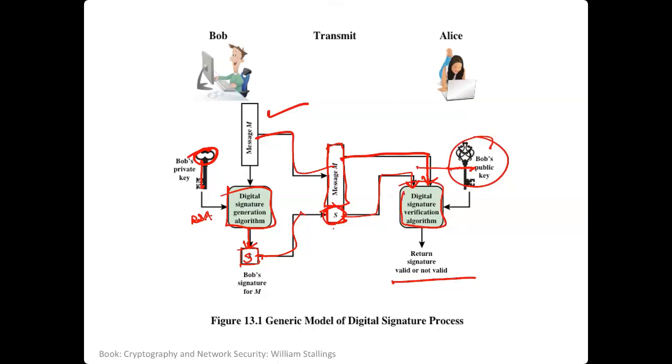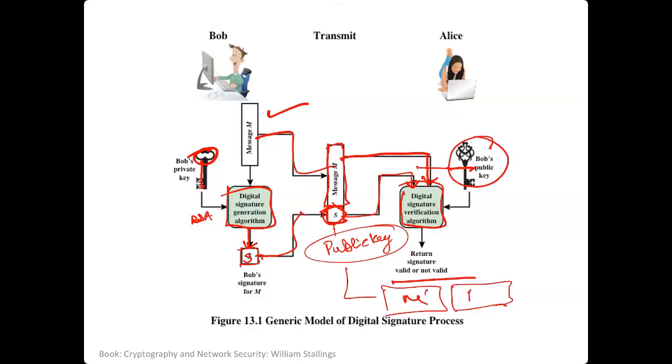Basically she applies the public key, does the decryption on S using the public key, and gets the original message back, and compares it with message M dash, and if it is the same as the original message, then everything is okay.